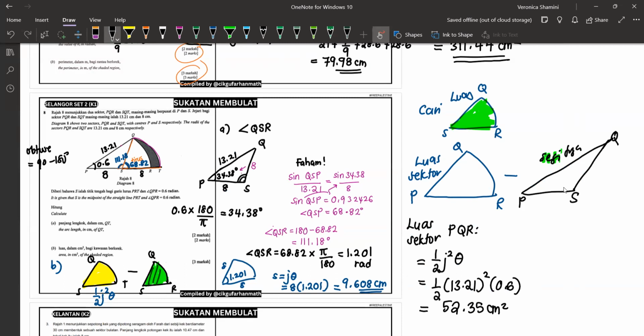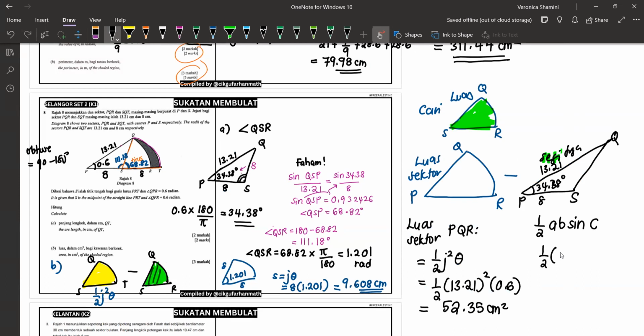Okay, sekarang cari luas of the segitiga. Okay, dekat sini teacher rasa kita boleh guna 1/2 AB sin C. Sebab kat sini kan ada 0.8 which is 34.38. Ni teacher ambil dari sini. This length 13.21, sini pun tahu 8.